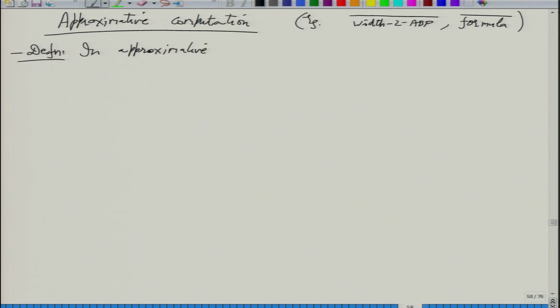In approximative models or computation, what we want is, we compute a polynomial. Compute will now be in quotes because we will actually not compute polynomial f. We will compute something else related to f.